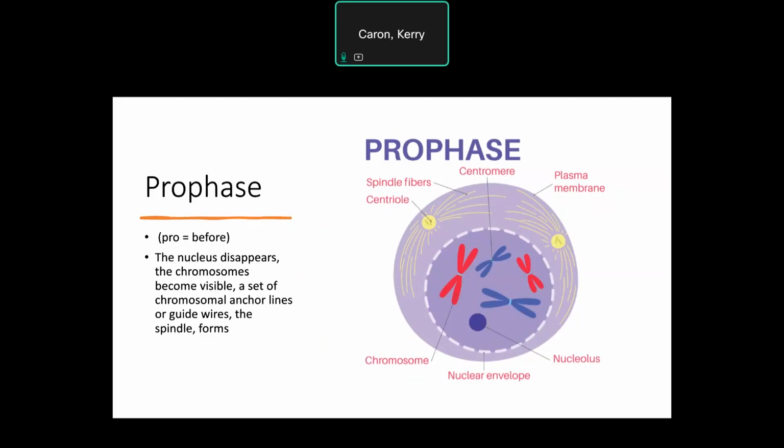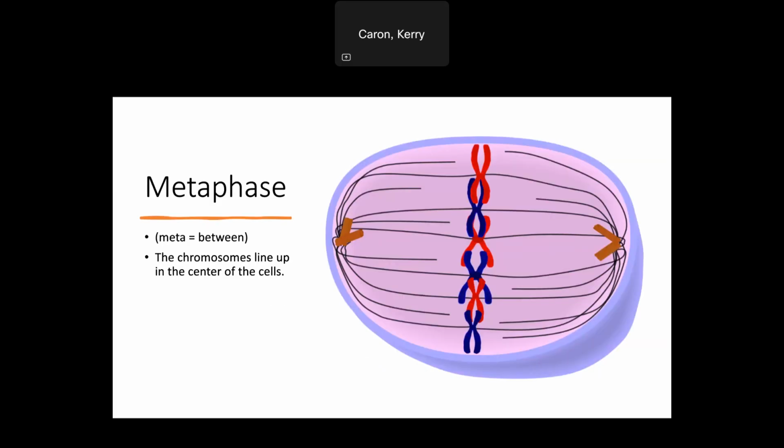The nucleus disappears, the nuclear envelope disappears, and the chromosomes become visible. They anchor to guide wires of centromeres, the spindle forms. Okay, that's prophase. Meta, think of middle, between. The chromosomes start to line up in the center. That's what happens in metaphase.